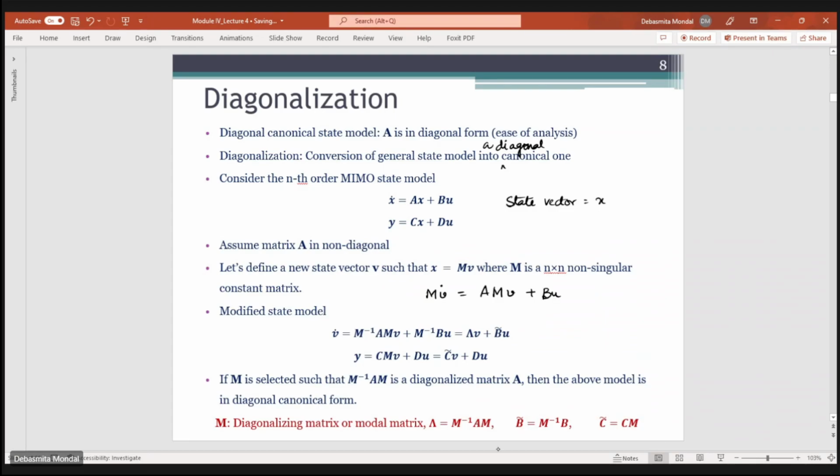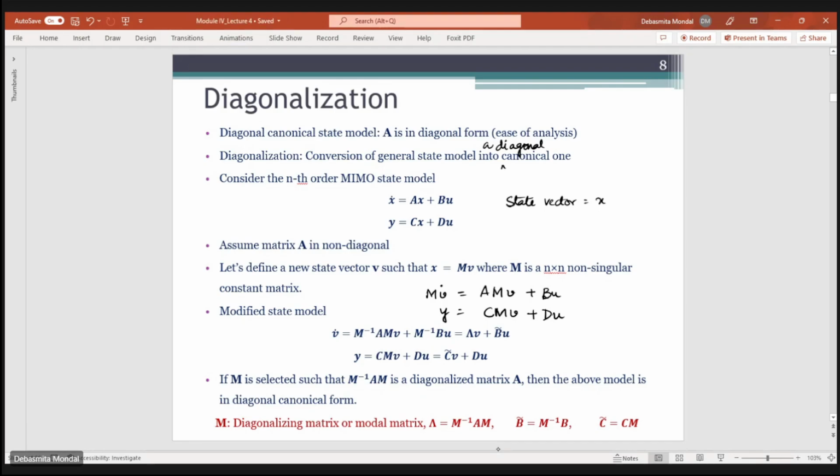Similarly, Y will be equal to C M into V plus DU. If you divide both sides by this matrix M, you will get V dot is equal to M inverse AM into V plus M inverse B into U, and Y will remain the same, CMV plus DU.